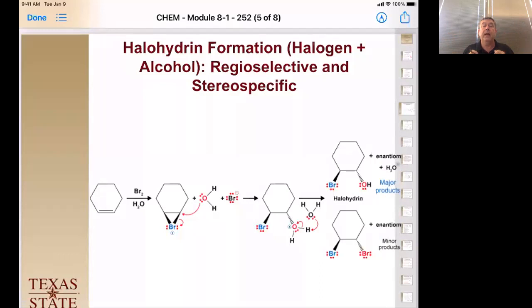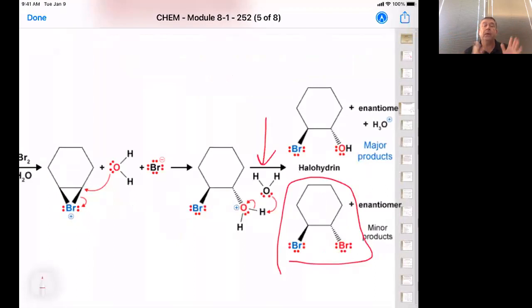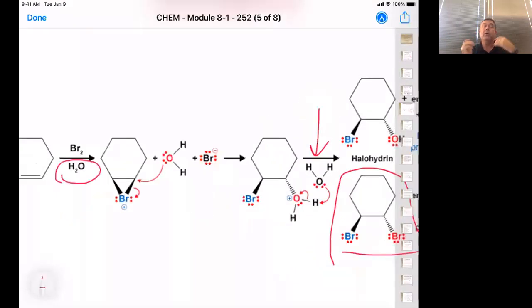Okay. Now, if the bromine reacts as the nucleophile, then we're going to end up with our product that's a dibromo compound. But in the presence of a large amount of water, there's going to be more instances where water hits. So if you're using water as a solvent, you have a whole bunch of water around there. It's more likely to hit than having the bromine come in as a nucleophile.